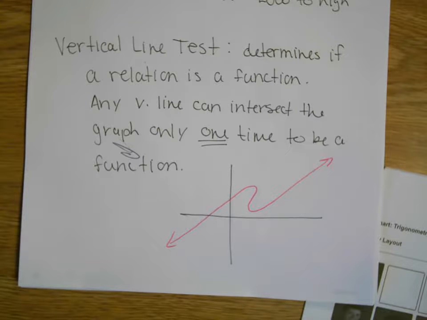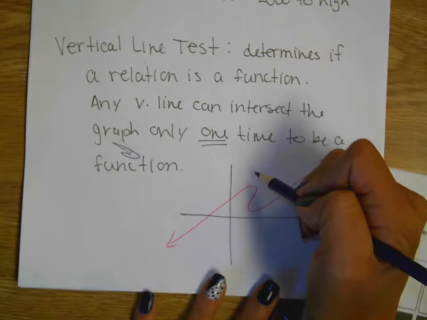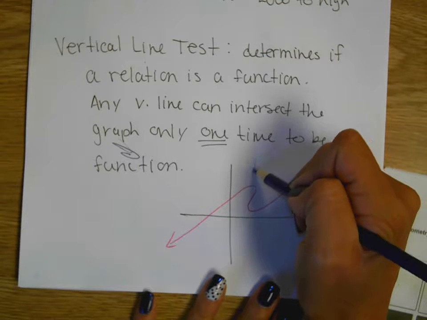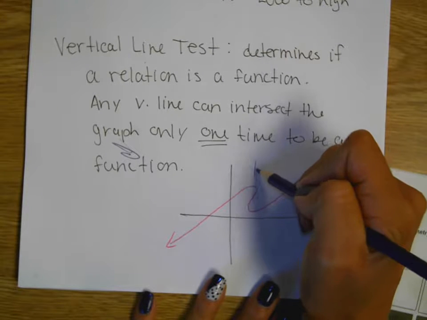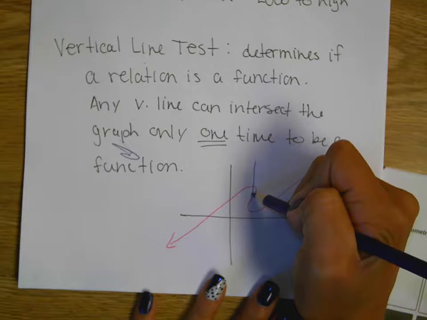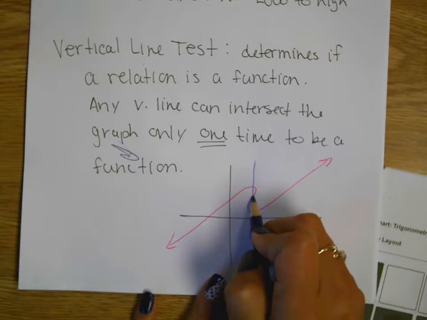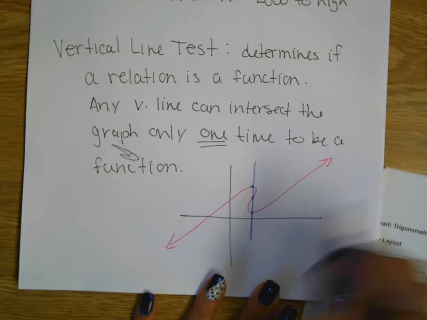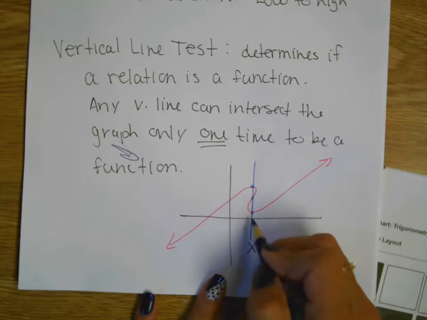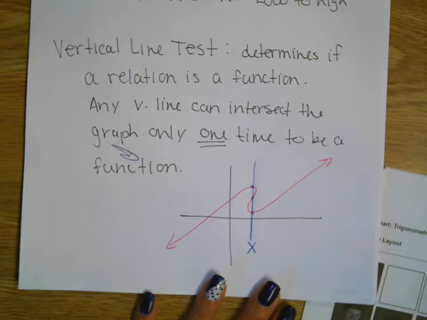Because if you draw a vertical line, kind of like where it swoops. Yep. It's going to have at least two. Looks like even more than two. So you can find a spot where a vertical line, in this case, hits 1, 2, 3 times. So this one x value is giving out 3 different y values, which makes it not a function. So you're looking for any one spot you could possibly draw a vertical line that hits it more than once. Makes it not a function.